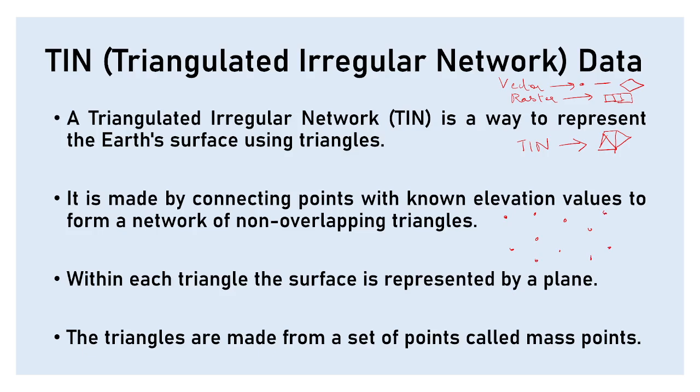When you make a triangulated irregular network, we connect the elevation values which are related to each other and then generate the triangulated network data. I'm just doing it randomly, but when you're actually doing the modeling, we do this based on the related elevation values, and we also ensure that none of the triangles are overlapping.